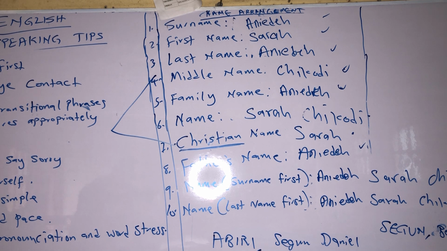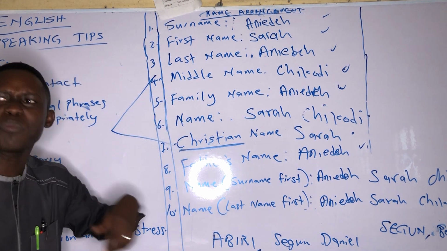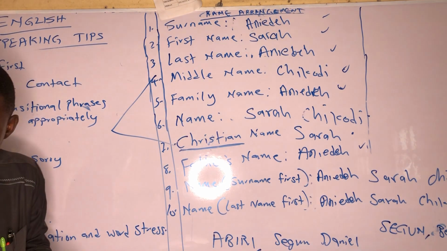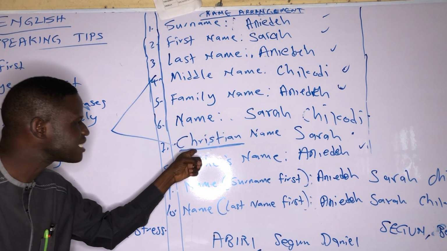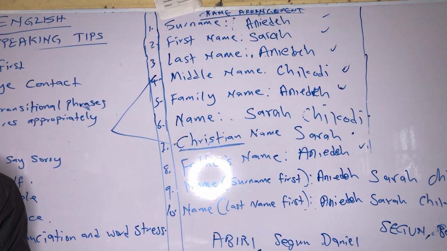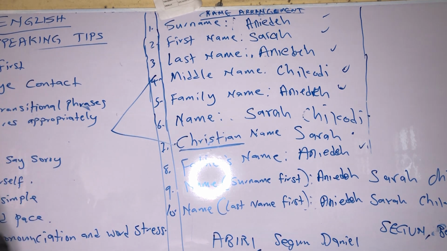Your second name is the same thing as your middle name, and sometimes can be regarded as your Christian name. I'm not saying that's the name. When you are writing, it can be native. Some people's Christian. Okay, let me give an instance.